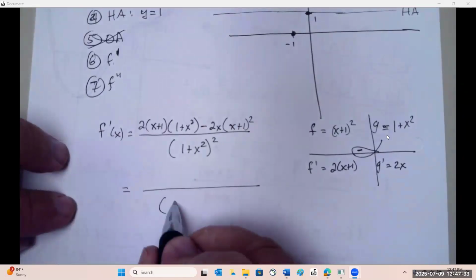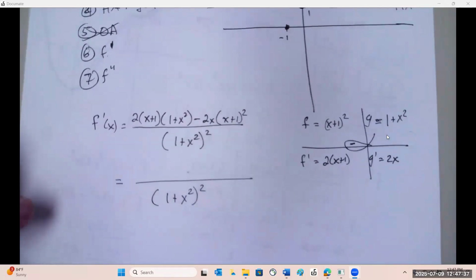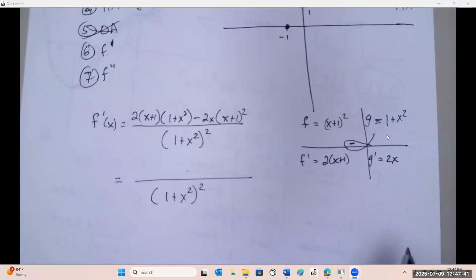So on the bottom, we have 1 plus x squared, squared. All right, let's start multiplying all this together.